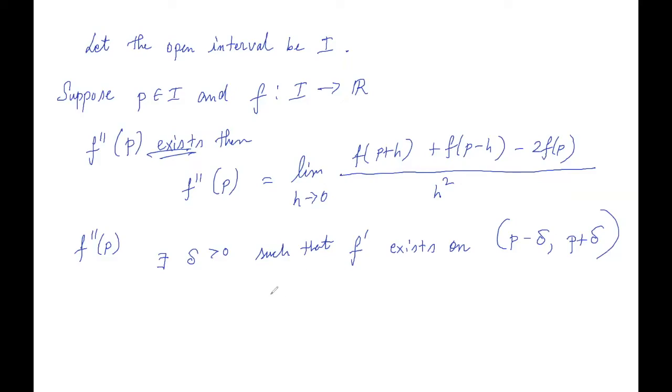So basically this means that you have an open interval around p, however small it is, where f dash exists, and f dash is continuous at p. At the point p it's continuous.